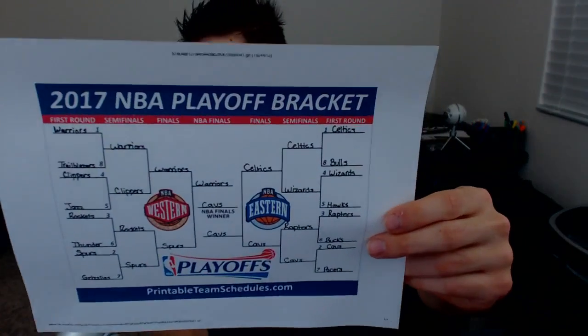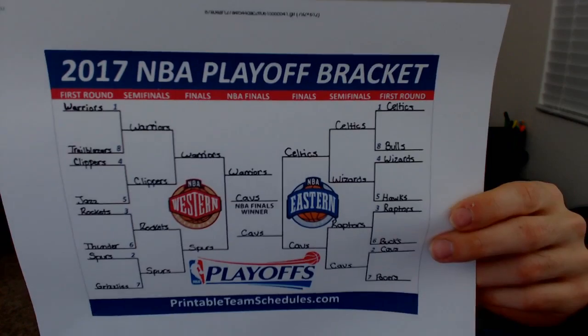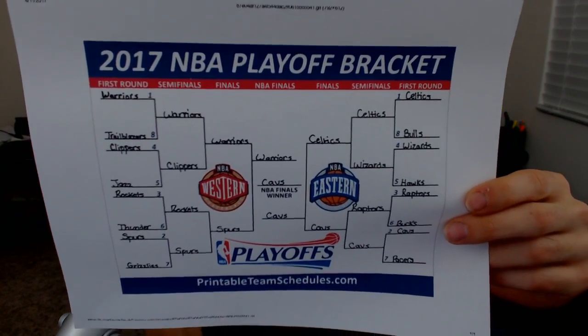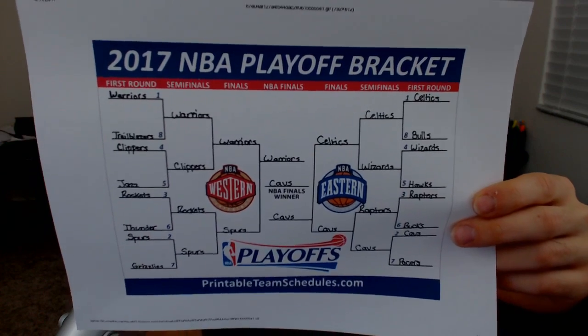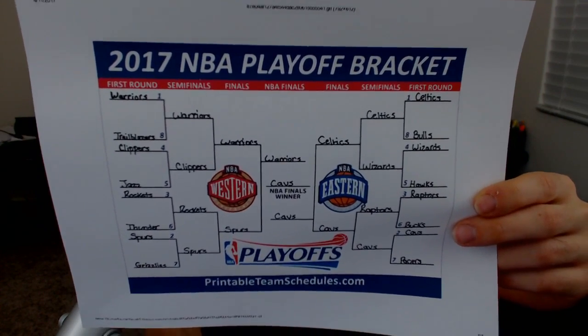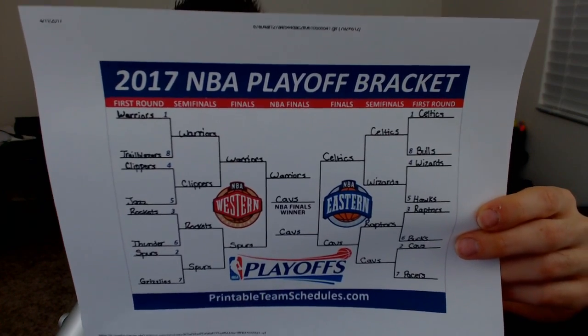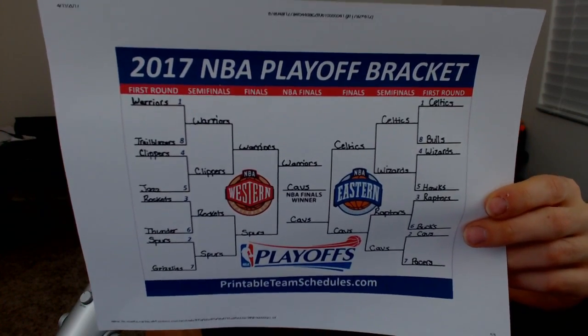Alright. I'm gonna show you guys my chart real quick, for anybody who wants to see it. I have the Warriors, Trailblazers, Clippers, Jazz, Rockets, Thunder, Spurs, Grizzlies, and the Warriors beating the Spurs.